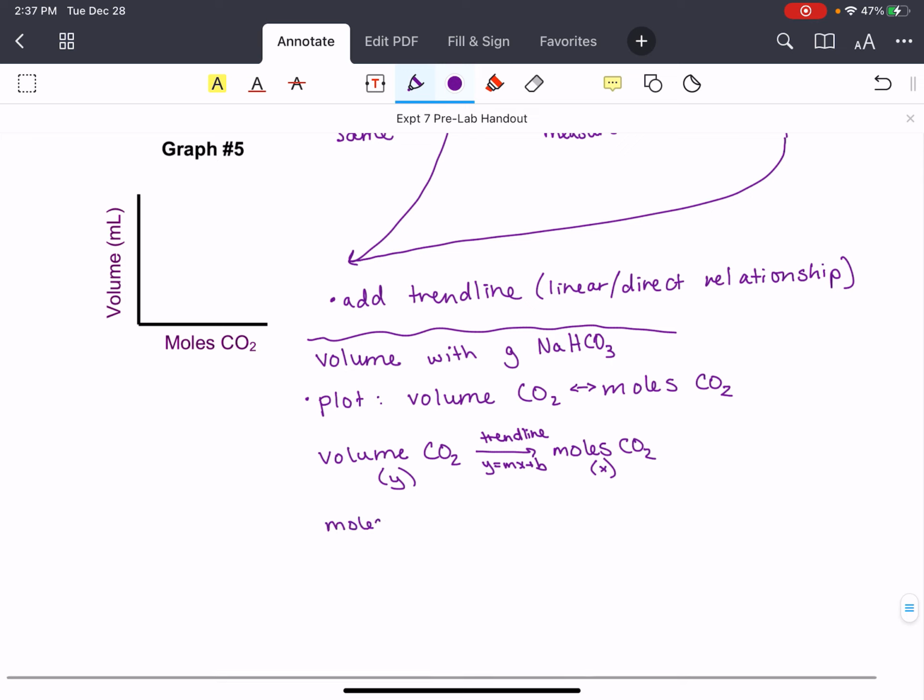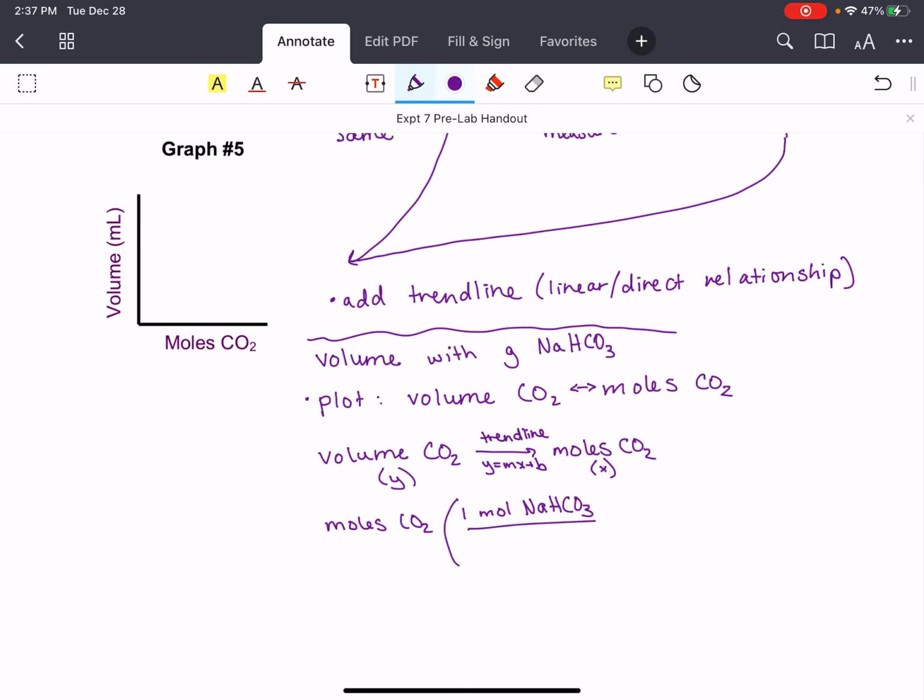Once you have the moles of CO2, you can just set up some stoichiometry to solve for the moles of NaHCO3 because we know that they react in a 1-to-1 mole ratio. And once you do that, you can use the molar mass of sodium bicarbonate to figure out what mass would need to be used in this reaction.